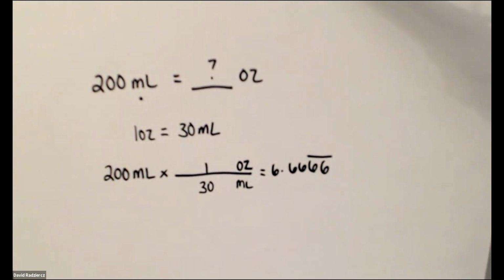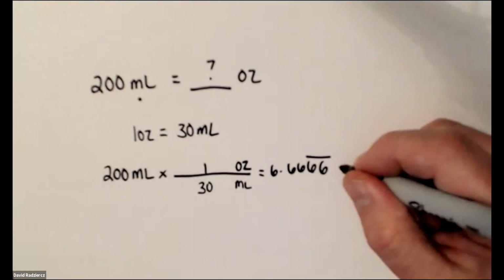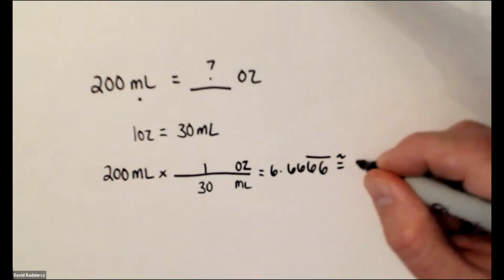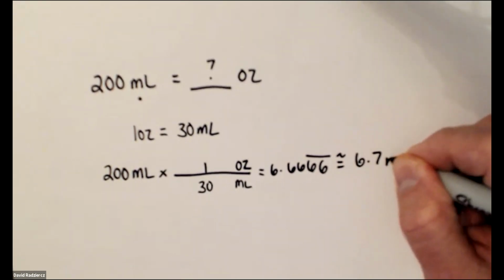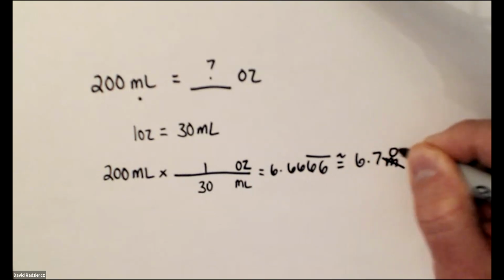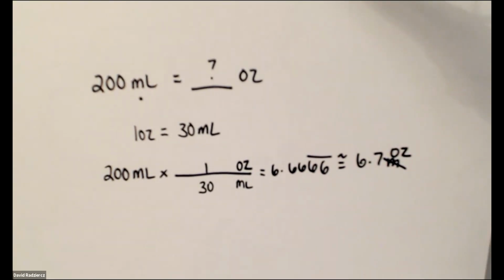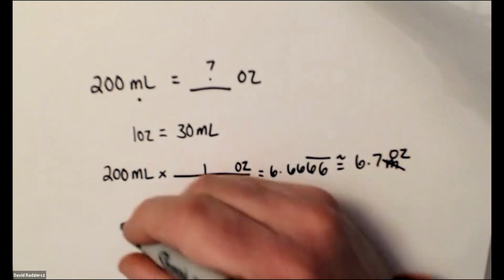Okay. So like I told you, you're probably going to have to round to the nearest 10th when you have a problem like this. And that's perfectly fine because you're going between different units. So the answer to this question would actually be 6.7 ounces. Any number greater than 1, so I'm just going to write this out.